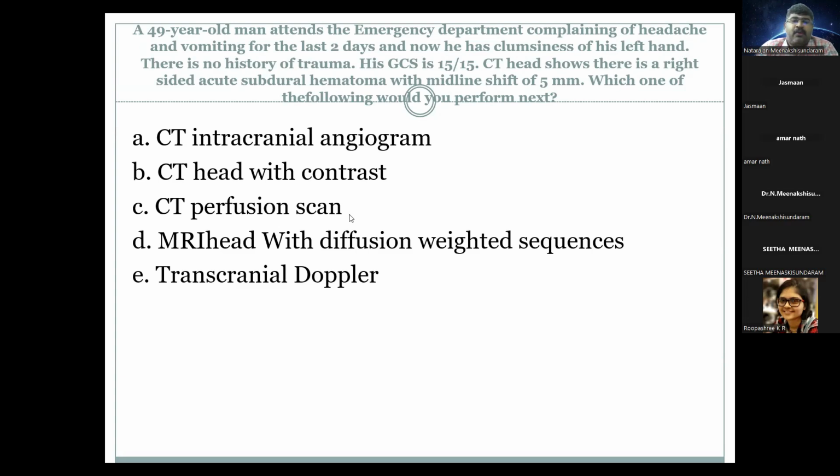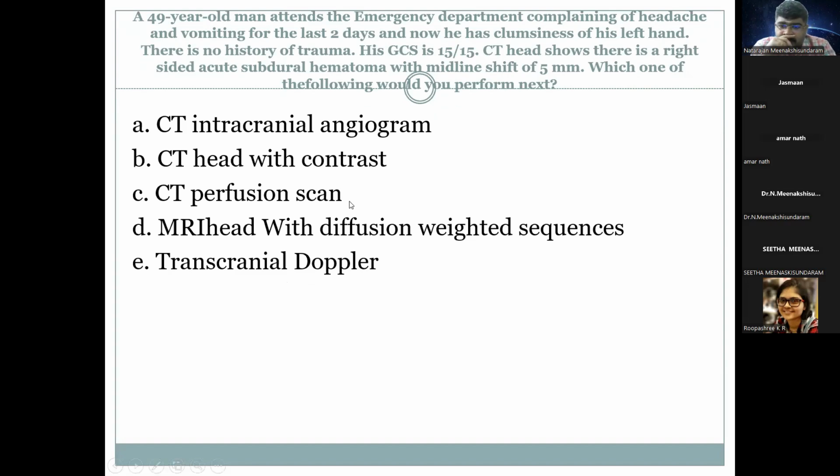To put this question in another format: which aneurysm produces an acute SDH? Commonly, aneurysms when they rupture present with subarachnoid hemorrhages.